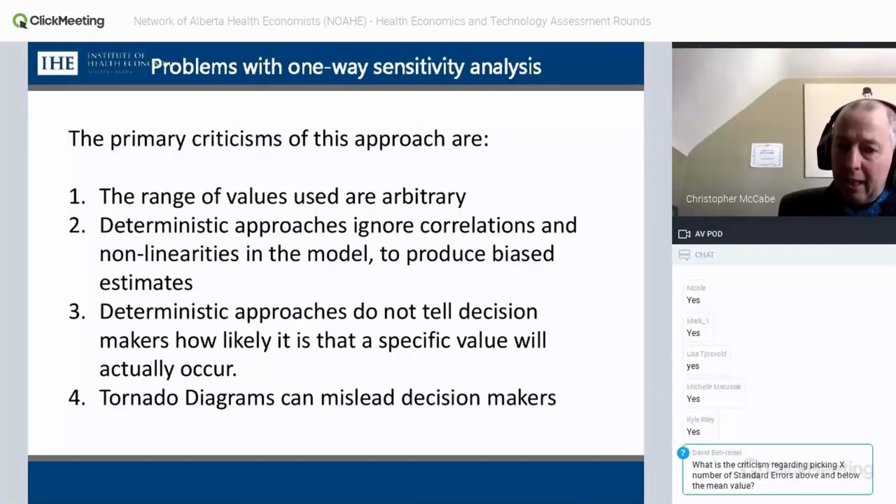And actually, over many years of observing decision makers use what we produce, I have observed that when they are facing an emotionally or politically, with a small p, difficult decision, if we tell them there is a value which allows you to say yes to this, and we don't tell them how likely that value is, then the temptation for them is to say, well, we'll say yes because it could be this, and we haven't said whether it's more or less likely than the expected value.